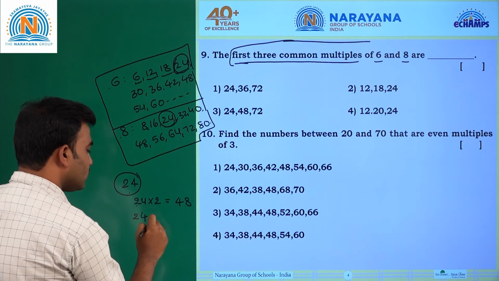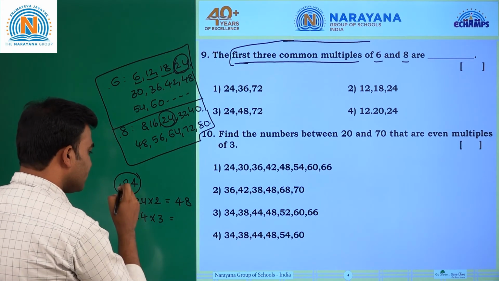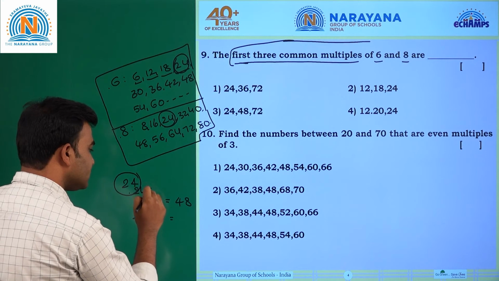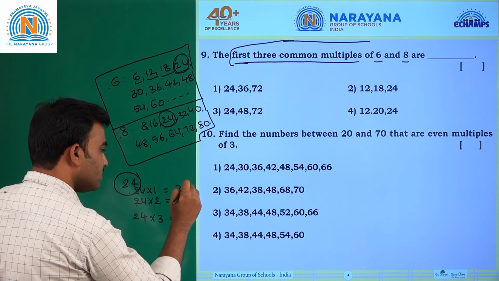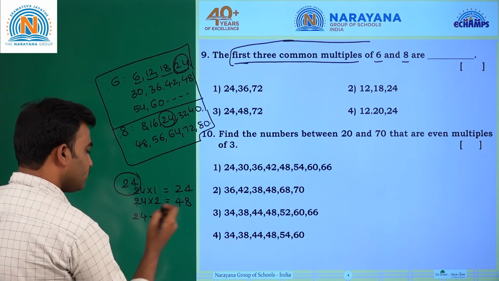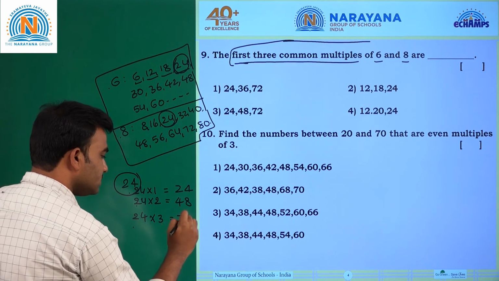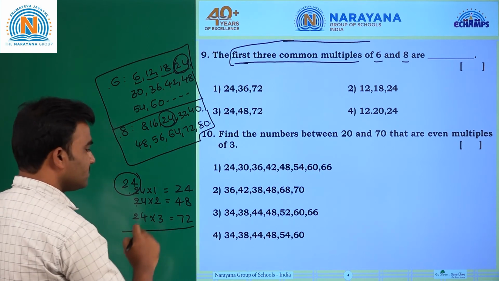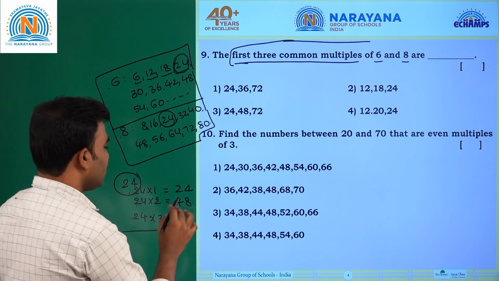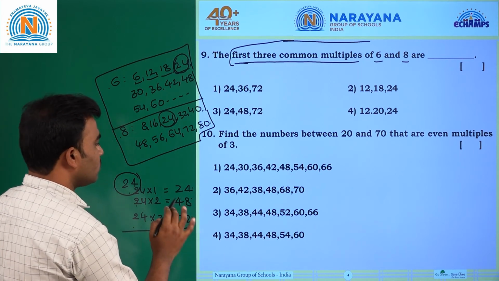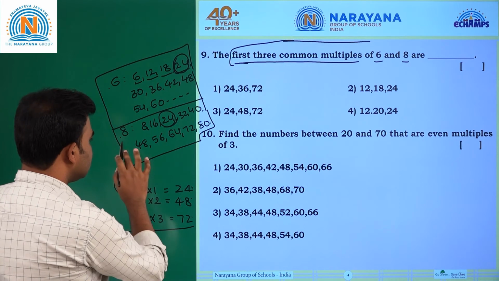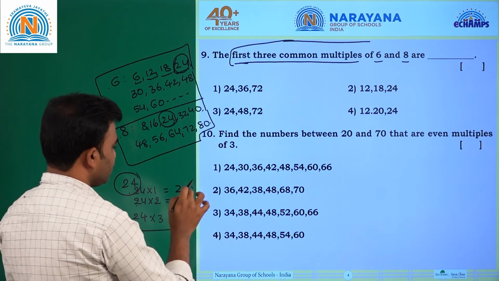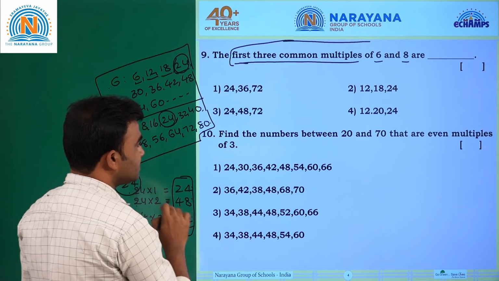To get the third multiple, you just multiply. 24 once 24, 24 2s 48, 24 3s 72. So these are the first three common multiples of 6 and 8. The answer is 24, 48, 72.